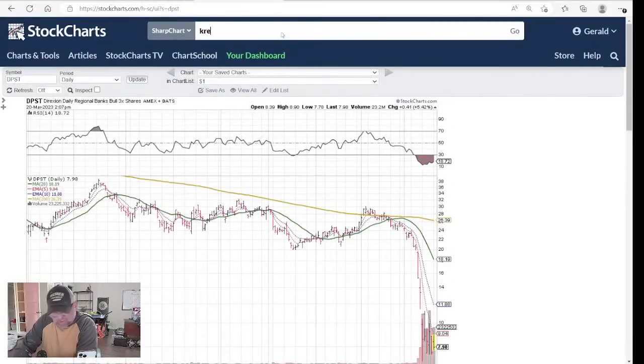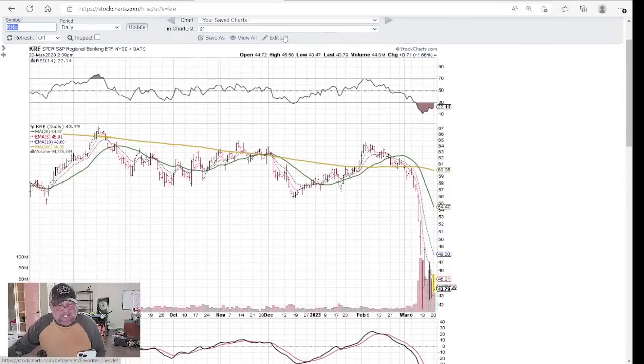Banks have been crashing. The KRE is the ETF that tracks the regional banks. About 65 of them, 65 stocks in this ETF. This up here is the 200-day moving average. When something falls underneath this, it tends to be on sale. That's your first sign. That's an alert.